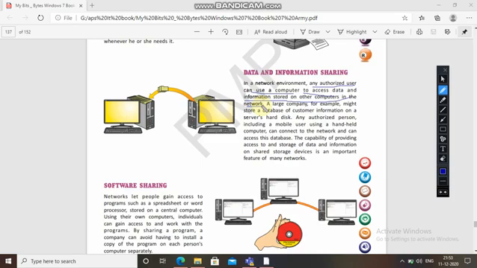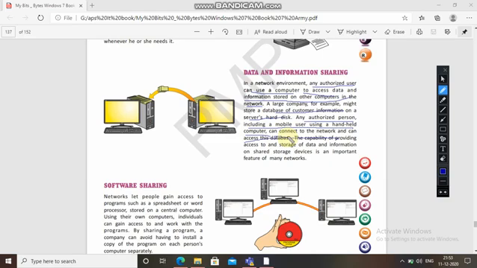A large company, for example, might store a database of customer information on a server's hard disk, and any authorized person, including a mobile user using a handheld computer, can connect to the network and access this database. It means if the database is stored on a network, you can access it from anywhere: from a mobile device, a laptop, or a desktop.